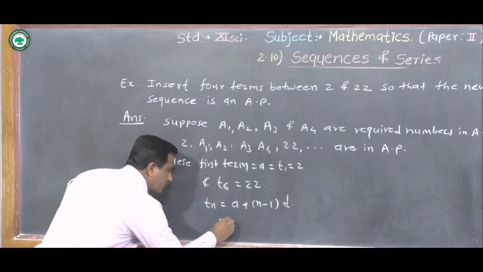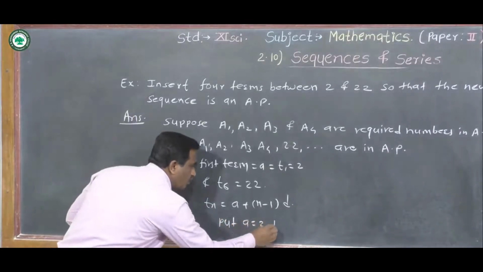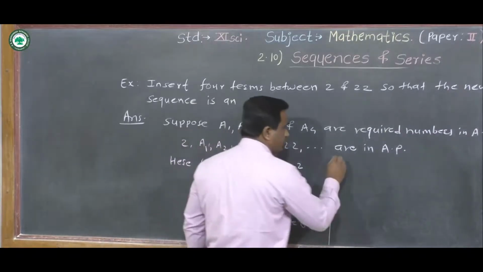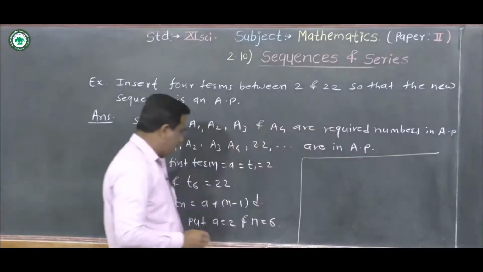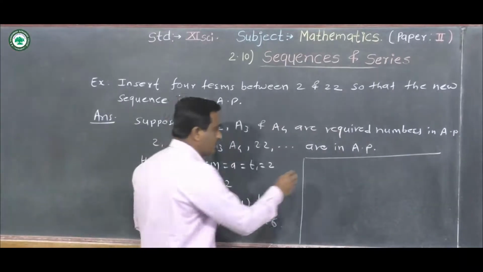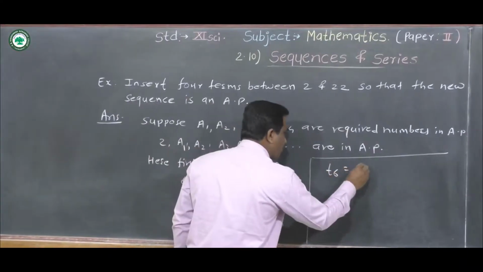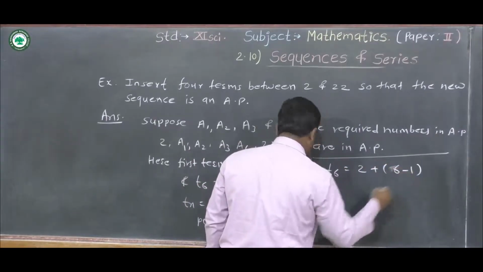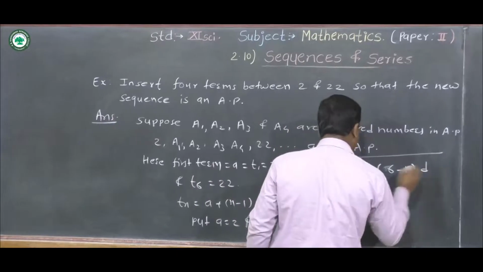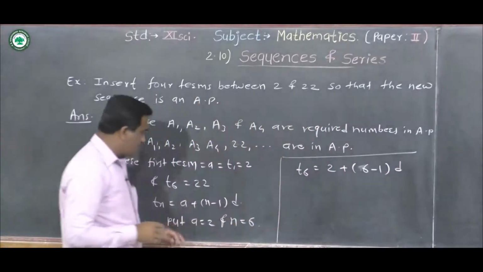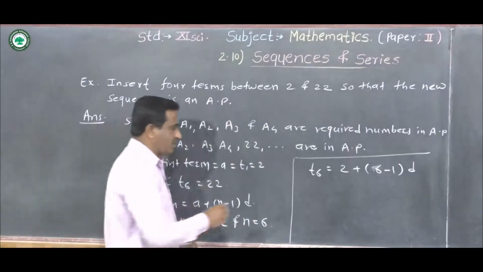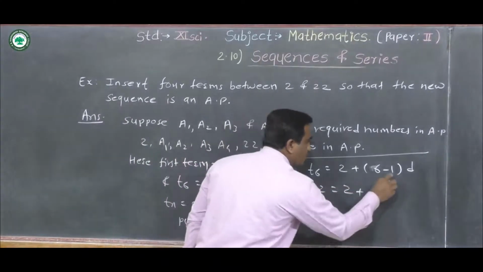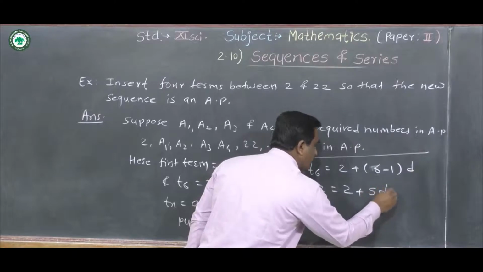Put A equal to 2 and n equal to 6. Therefore we can find the common difference D. T6 is equal to 2 plus 6 minus 1 into D. Now the value of T6 is 22, which is equal to 2 plus 5d.